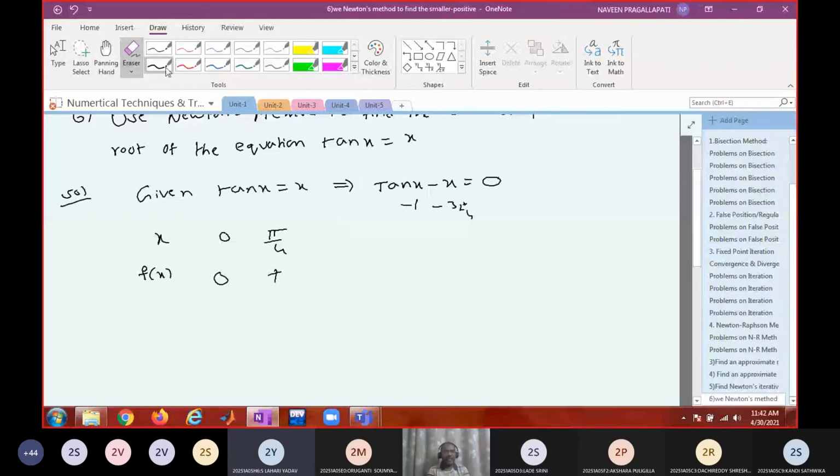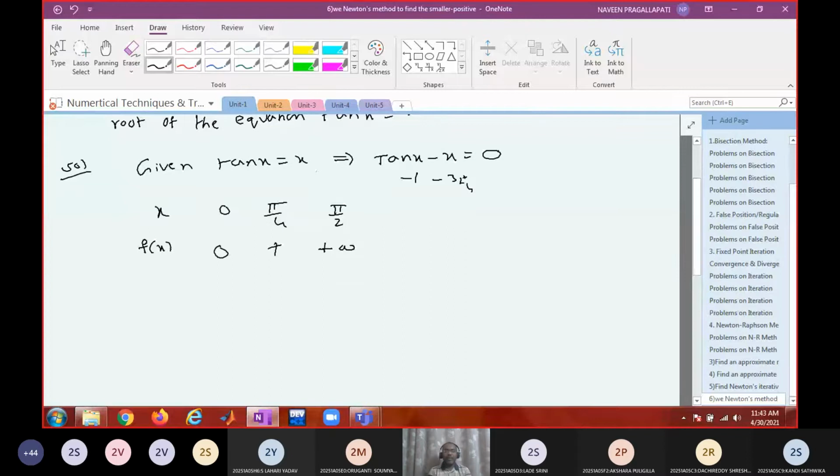At pi by 2 it is plus infinity. You should write it like this. And if you take any number greater than pi by 2, you are going to get a negative value. Do you agree? If you take 91 degrees, okay, so 3 pi by 4 is negative. What about pi?